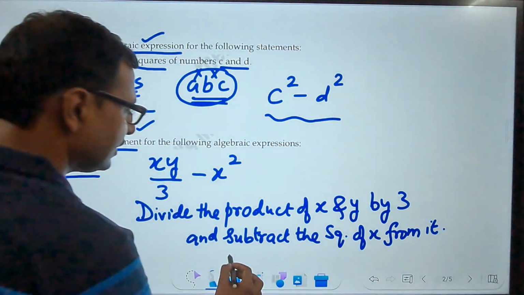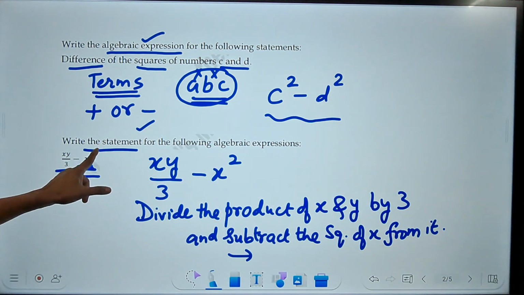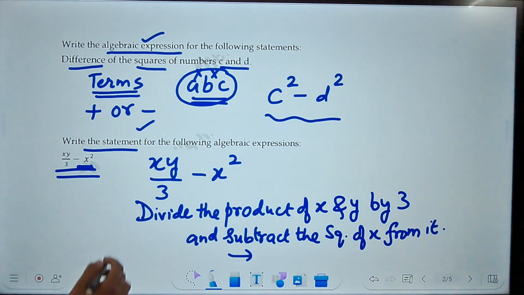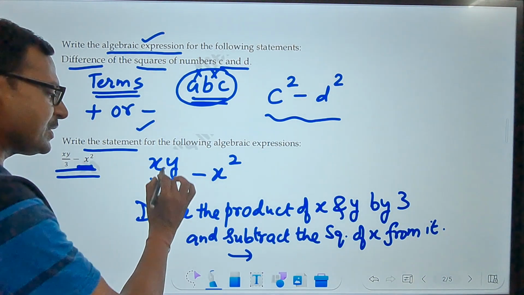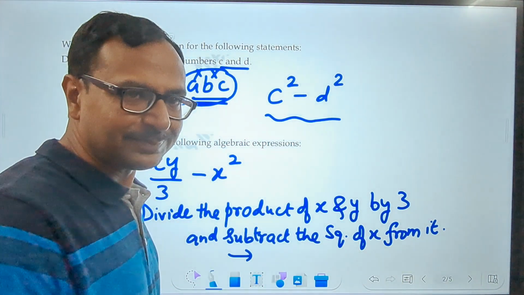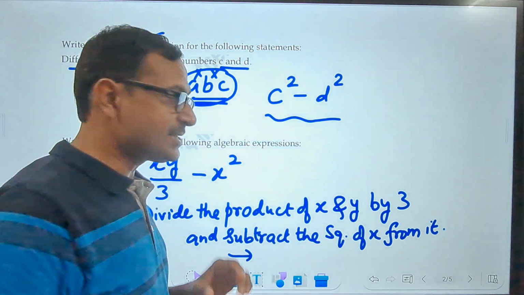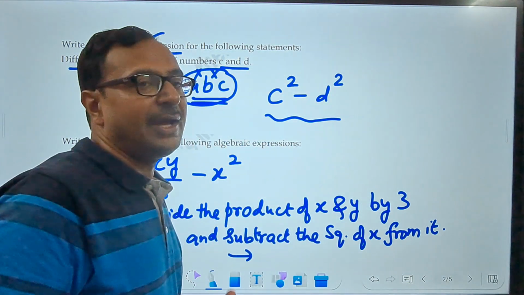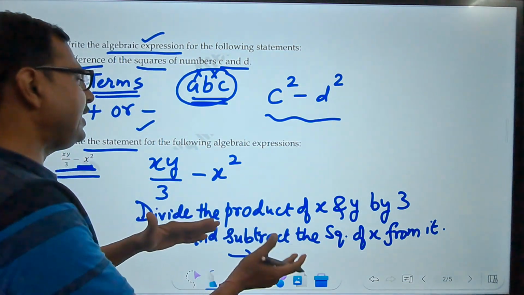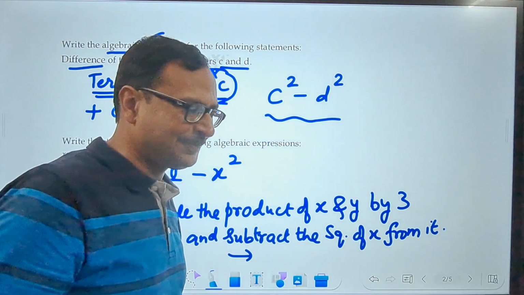You can start with this: subtract the square of x from the quotient of the product of x and y and 3. Yes, that also works, but I think this works better because you are writing the first part of the statement from the first term of the expression and the second part of the statement from the second term of the expression. So you can do it in many ways. This is not a unique representation. Everybody will do it in a different manner. They'll use different words, but the meaning should lead you to the same expression.